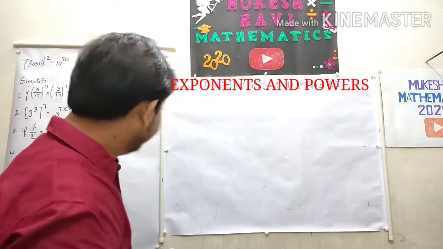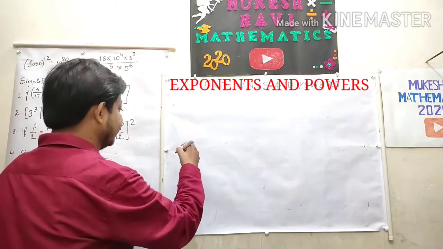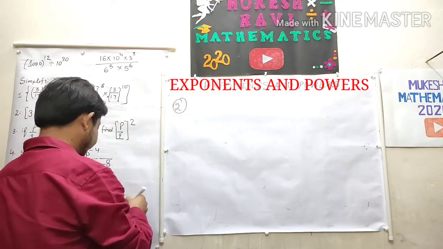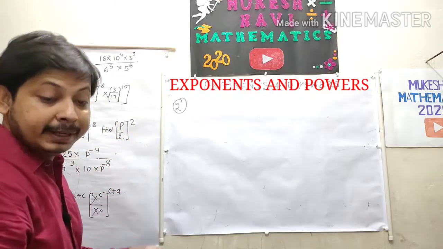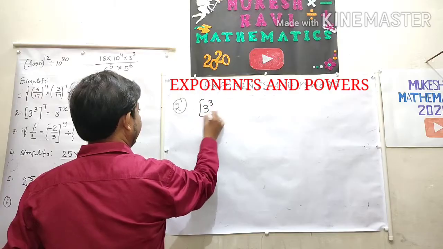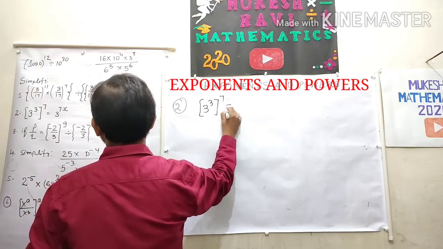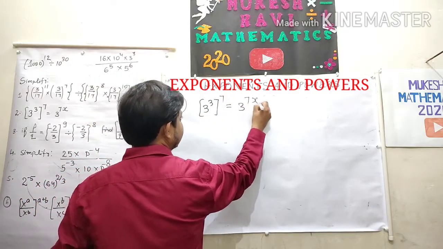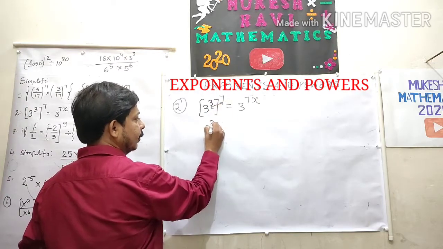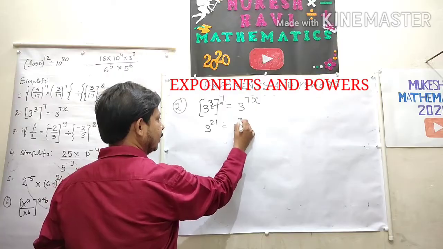Now again the second type of question, when in terms of power you have to find the variable. How? (3 to the power 3) to the power 7 is equal to 3 to the power 7x. First of all, first principle: 3 into 7, 21, is equal to 3 to the power 7x.